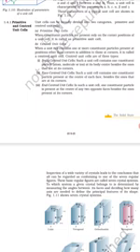When the constituent particles, that is atoms, molecules or ions, are present only at the vertices or corners of the unit cell, it is called a primitive unit cell.